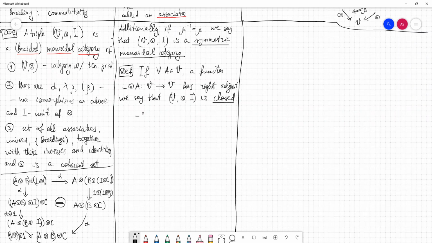So this bifunctor will be denoted with square brackets.